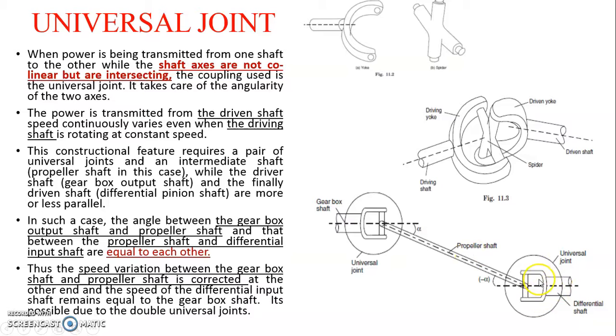The main problem is that the distance between the gearbox and the differential rear axle changes, so we can compensate by changing the length of the propeller shaft with the help of the slip joint.